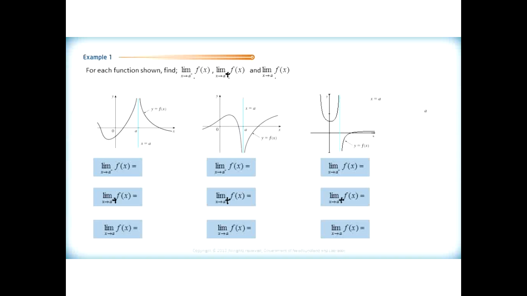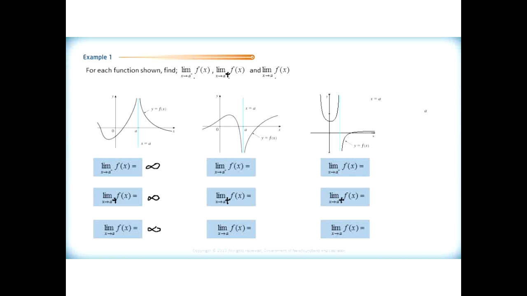Okay, so looking at the first function, if we approach a from the left, this function goes upward toward positive infinity, and approaching a from the right, upward toward positive infinity. So what that tells me is that the limit as x approaches a from the left is positive infinity. So is the limit as we approach from the right. And since they agree, we do have a limit at positive infinity as x approaches a.